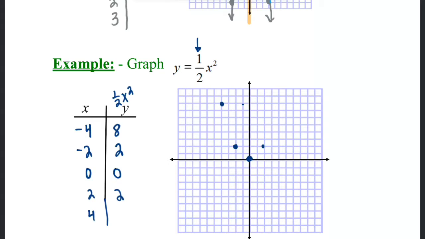Half of 4 is 2. And when we put a 4 in, no surprise, 4 squared is 16. Half of 16 is 8. And we knew that because we've got that symmetry about that axis of symmetry. So on the left, we've got the exact mirror image that we do on the right.